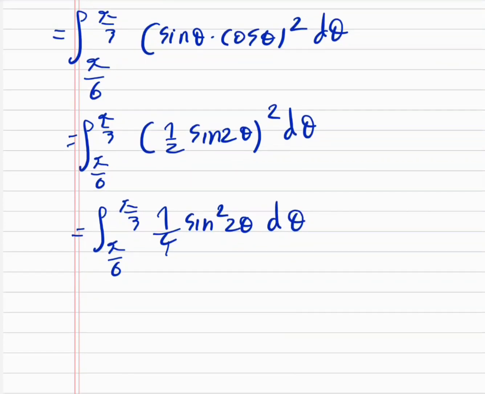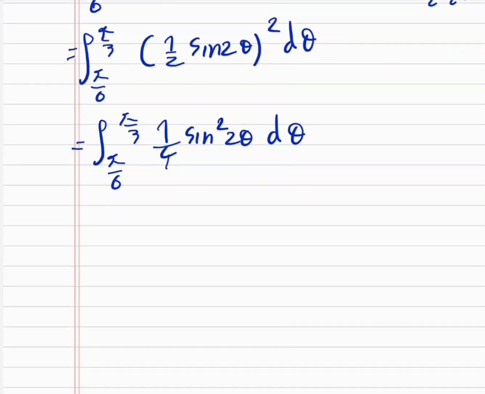Right, so now we can then rewrite sine squared 2 theta as a half minus cos 4 theta over 2, because essentially we are just using this basic relationship that sine squared theta is equal to a half minus half cos 2 theta. So in this case, because here we have sine squared 2 theta, that's why we'll have cos 4 theta.